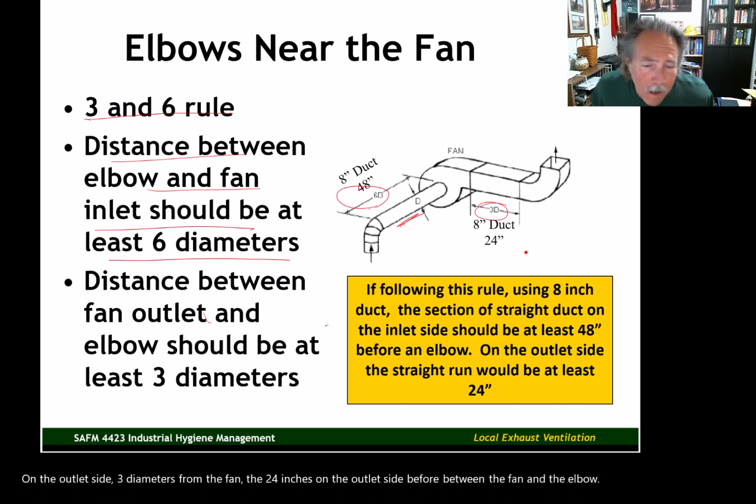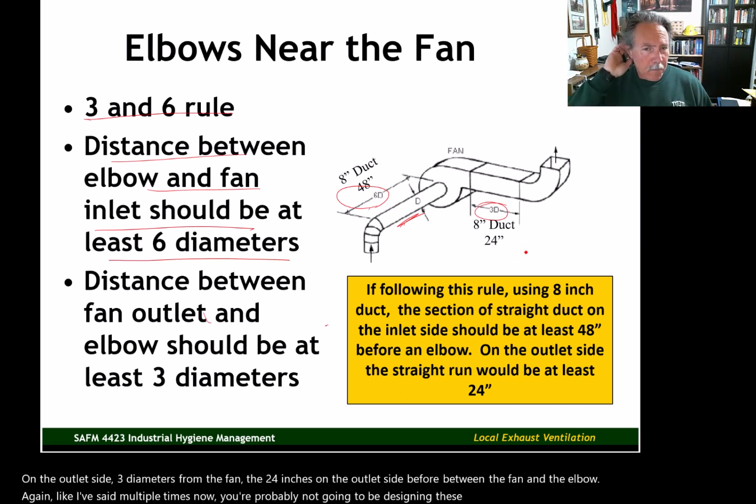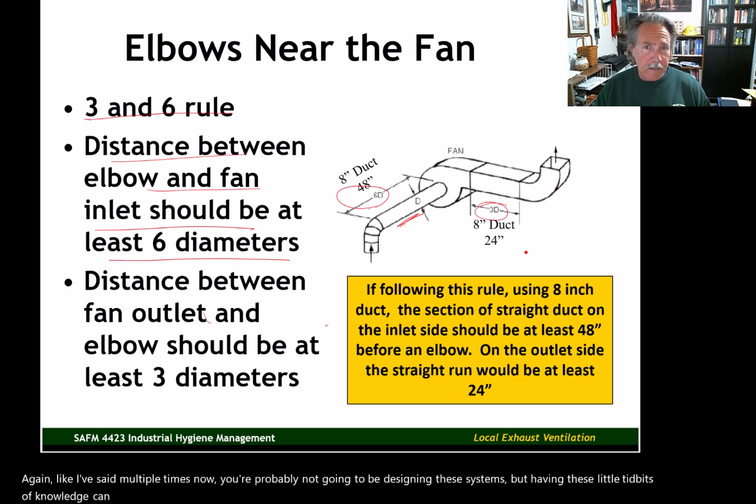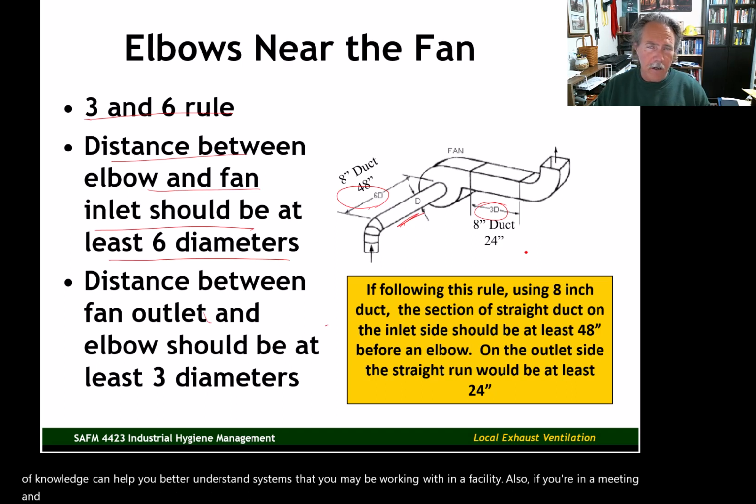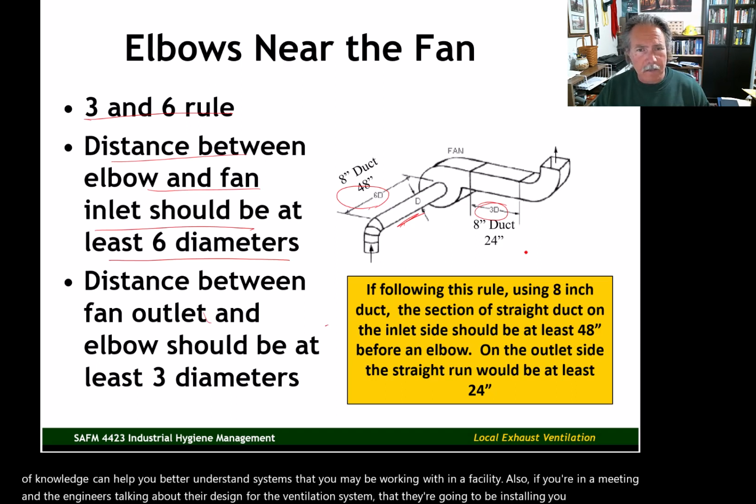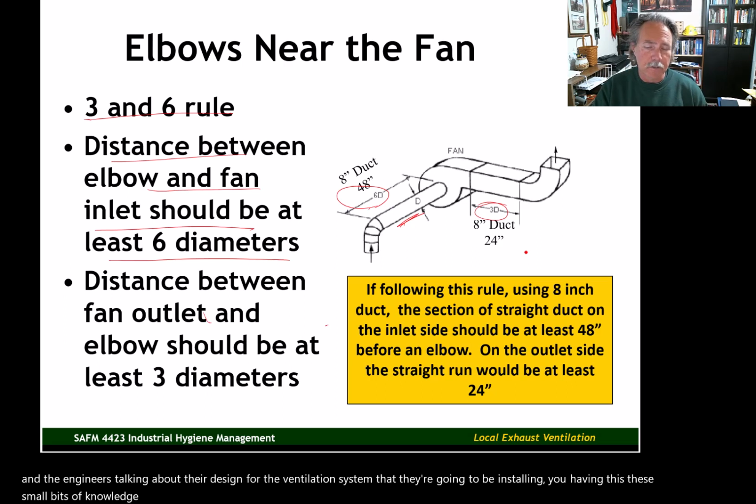And again, like I've said multiple times now, you're probably not going to be designing these systems, but having these little tidbits of knowledge can help you better understand systems that you may be working with in a facility. Also, if you're in a meeting and the engineer's talking about their design for the ventilation system that they're going to be installing, having these small bits of knowledge can be beneficial.